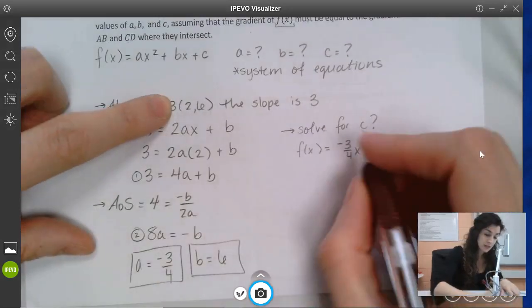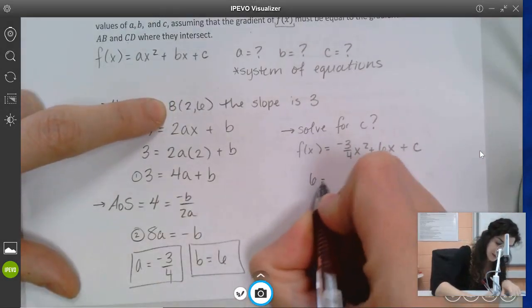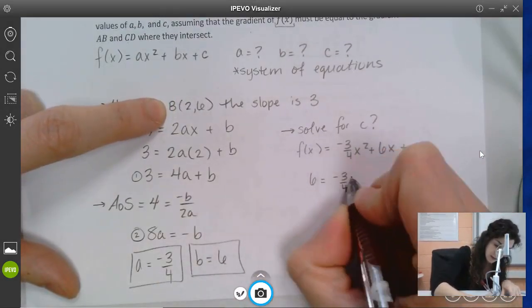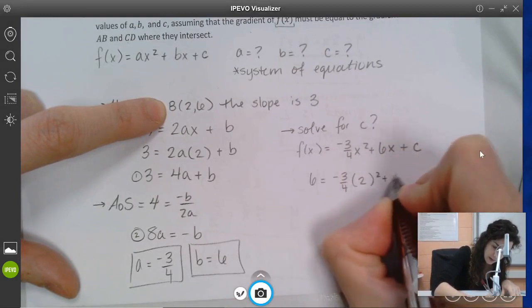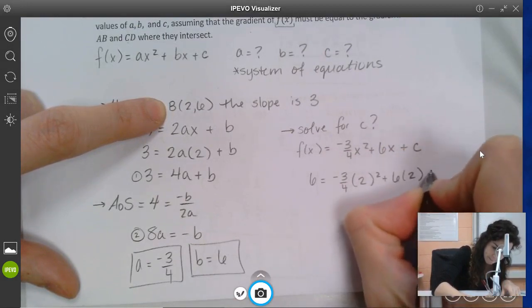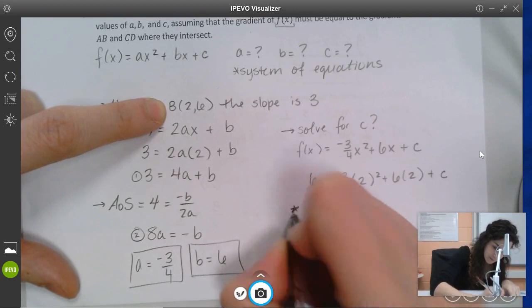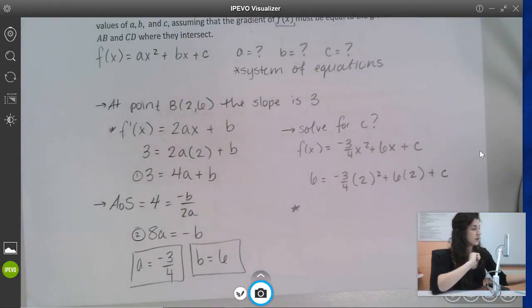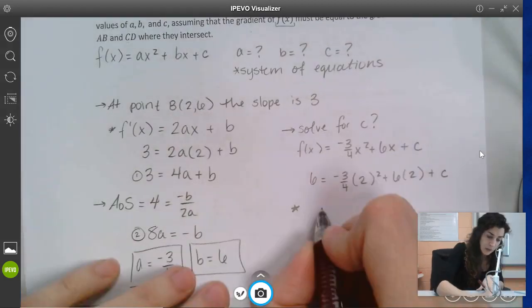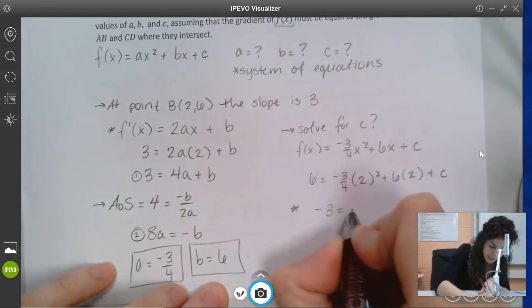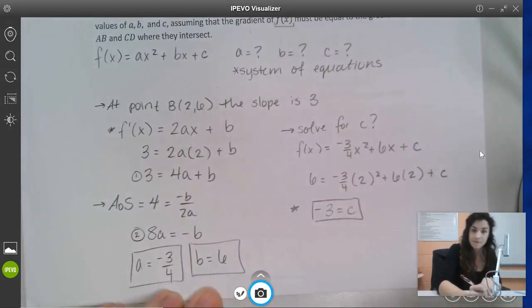I'm going to grab 2, 6 and solve for c in that way. Go ahead and solve for c on your own. We get that negative 3 is equal to c.